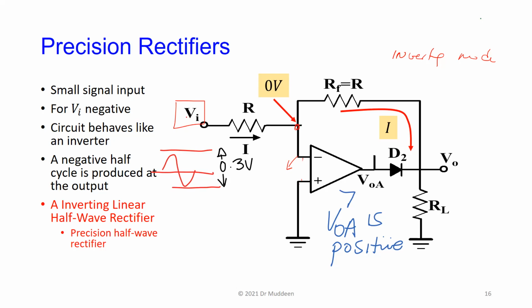So any input signal is just seeing the value of this resistor, usually in most op amp applications something like 10K to maybe 100K max. So the input impedance is limited entirely by the value of R.